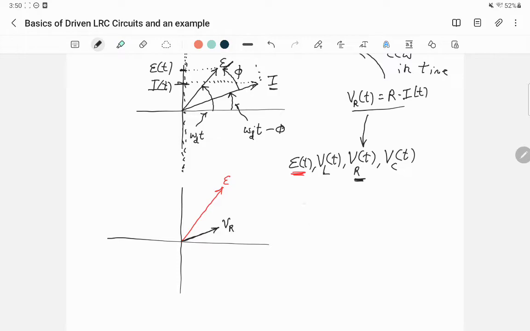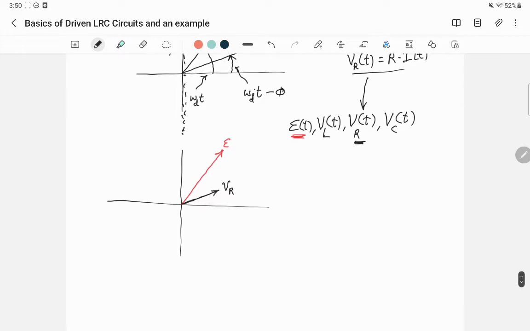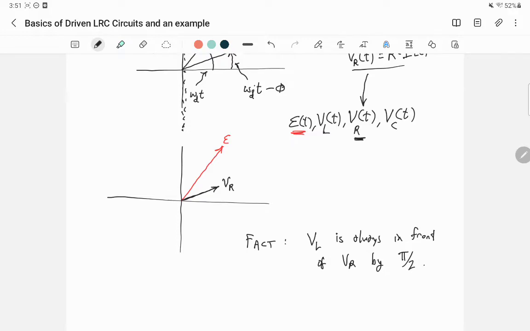Now here is another fact, right, that you can depend on. V sub L is always in front of V sub R by pi over 2.